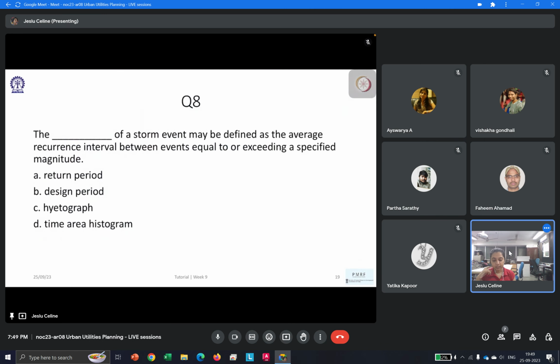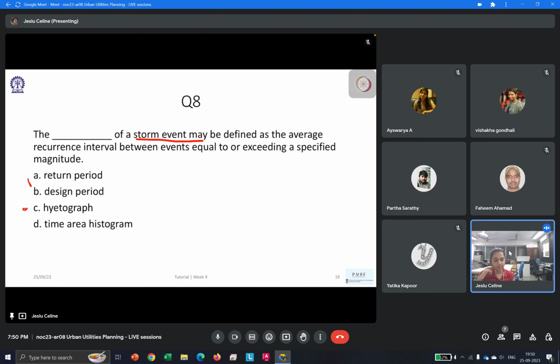Question 8. The dash of a storm event may be defined as average recurrence interval between events equal to or exceeding a specific magnitude. So it's a storm event, dash. It's a period, obviously, of a storm. Hydrograph. Okay, Partha says hydrograph.